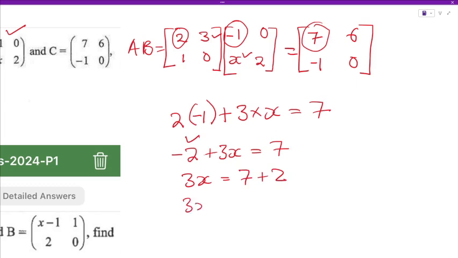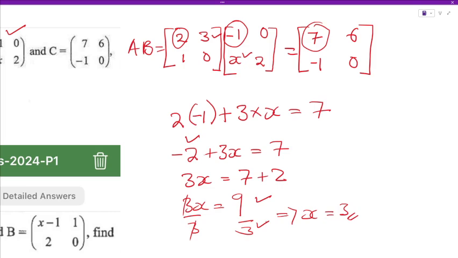Then 3X is equal to 7 plus 2, that will give you a 9. Divide both sides by 3, cancel that. The final value for X will be equal to 3, because 9 divided by 3 is 3. And you're done. That is your final answer.